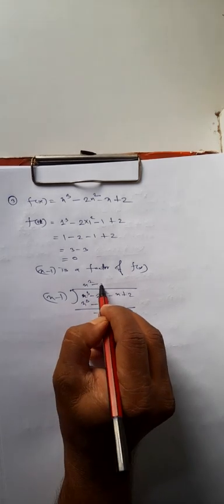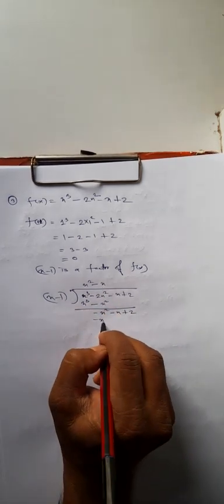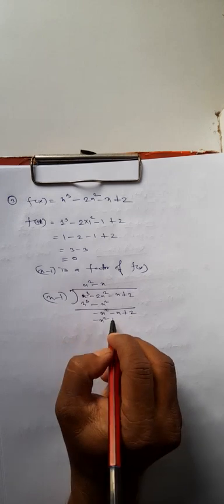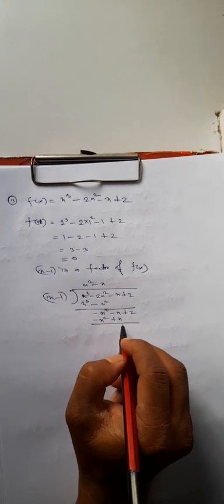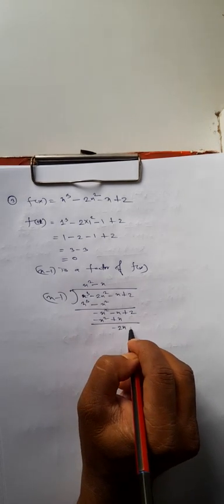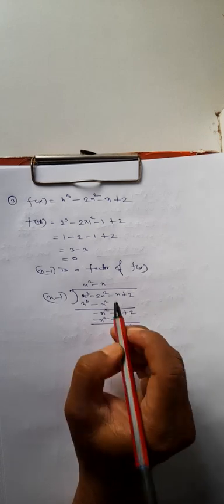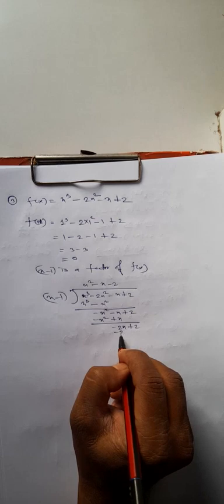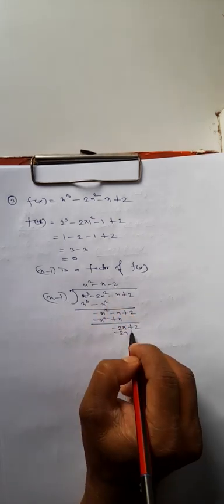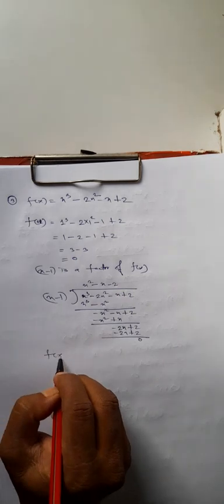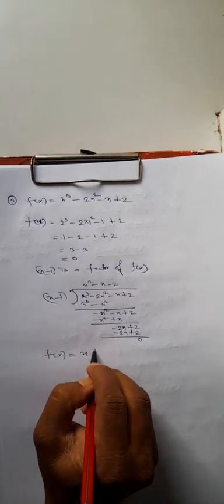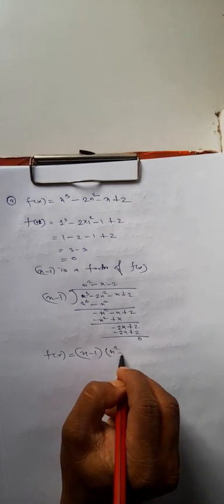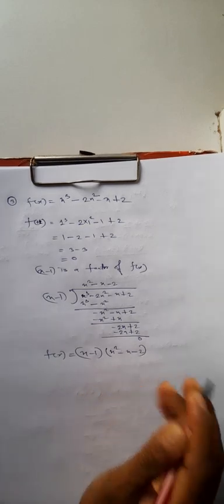Now put here −x into x, −x², −x into −1, plus x. You subtract this, you get −2x + 2. Then you put −2 here, −2 into x is −2x, −2 into −1 is plus 2, remainder is 0. So f(x) = (x − 1)(x² − x − 2).